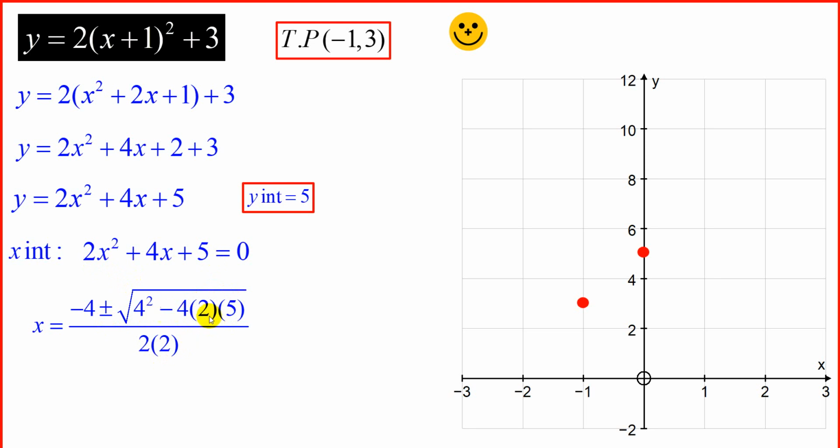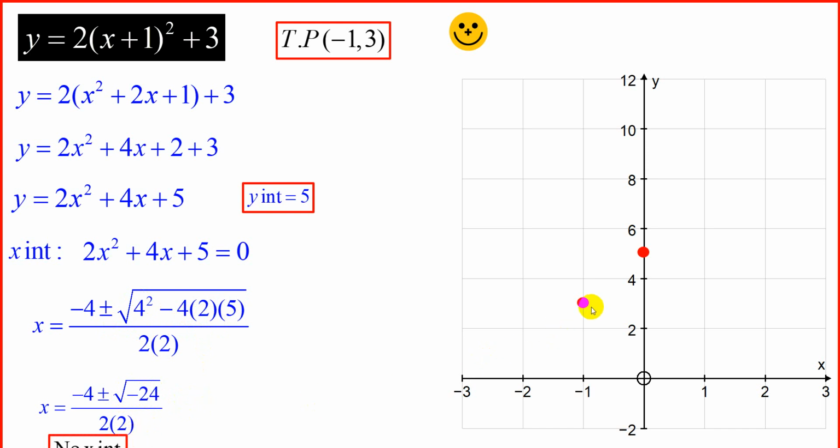And if you simplify what's in the square root, you get a negative 24. So I'm using the quadratic formula, minus b plus or minus the square root of b squared minus 4ac all over 2a. Now, we can conclude, because we cannot find the square root of a negative number, there are no x-intercepts.